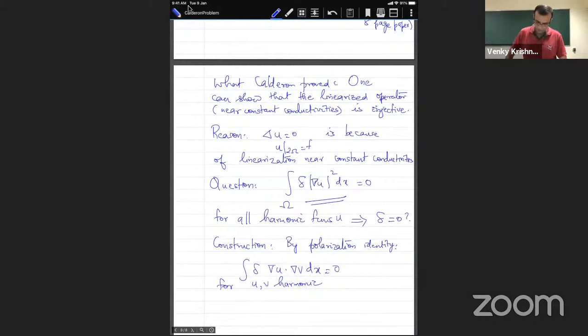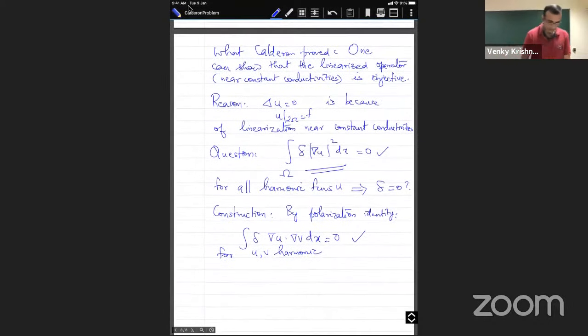The easiest way to think of it is to substitute u by u plus v. For all u it is 0, so delta grad u squared is 0, delta grad v squared is also 0. What remains is just delta grad u dot grad v. The advantage here is that now you can work with two different harmonic functions.